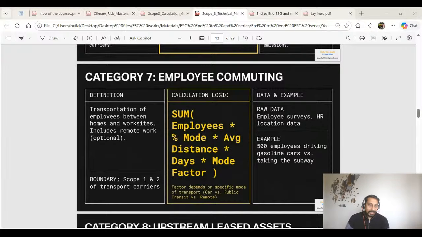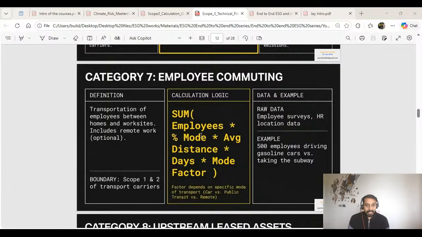So that data typically comes from employee surveys or HR postcode analysis, or any kind of analysis that the human resource team has done on who is using which mode of transport, or an employee commuting survey. You can also include remote work savings under this category.